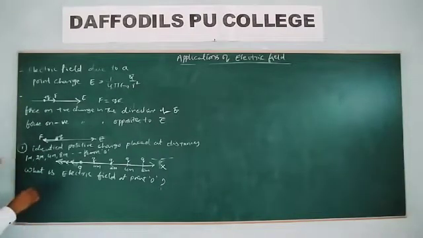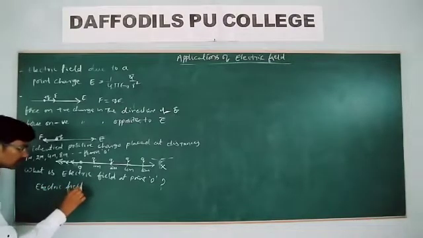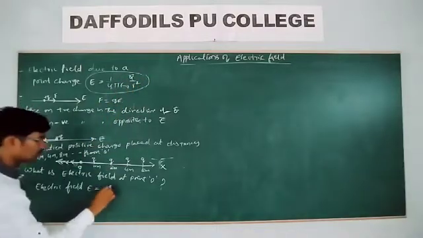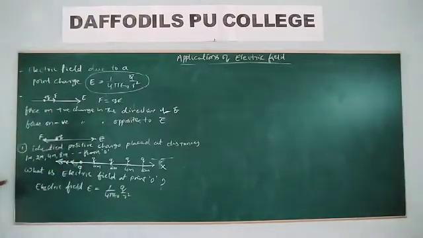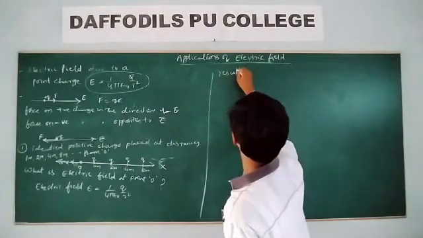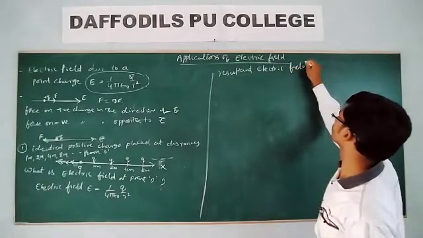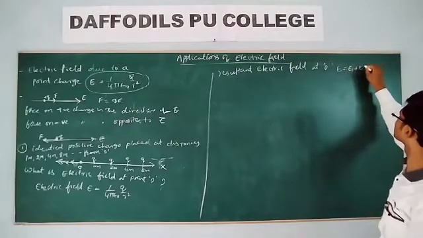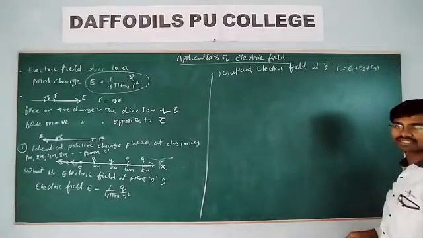The formula for a positive charge is E is equal to 1 by 4 pi epsilon Q by R squared. The resultant electric field at O is E is equal to E1 plus E2 plus E3 and so on, so all these electric fields can be added.